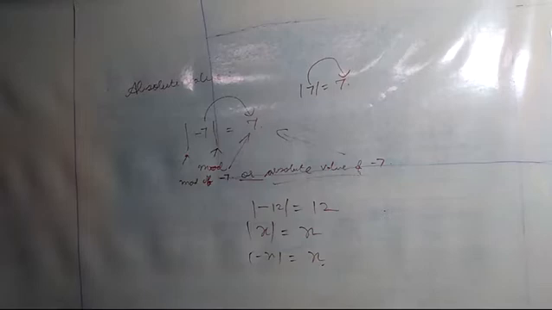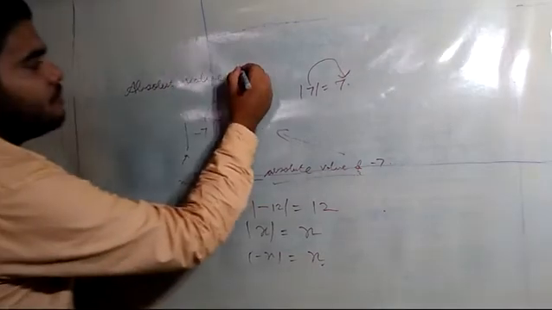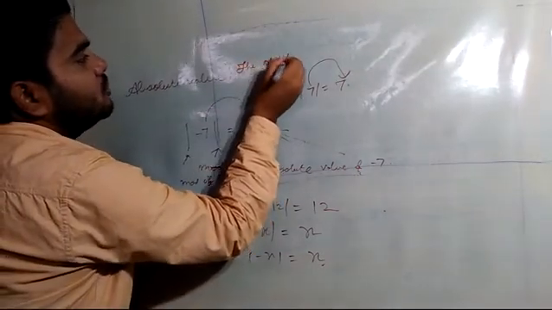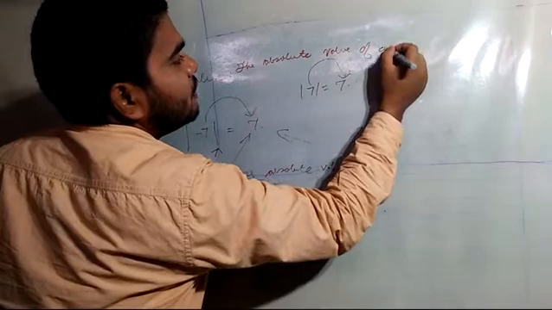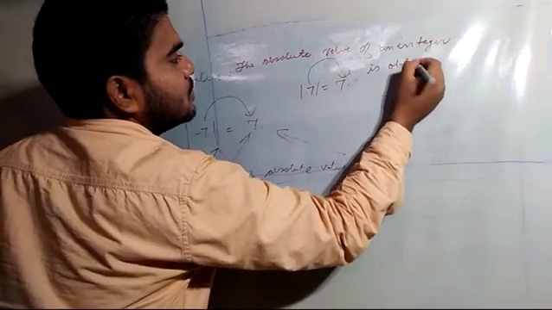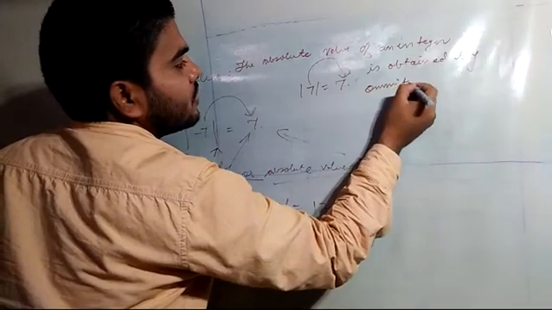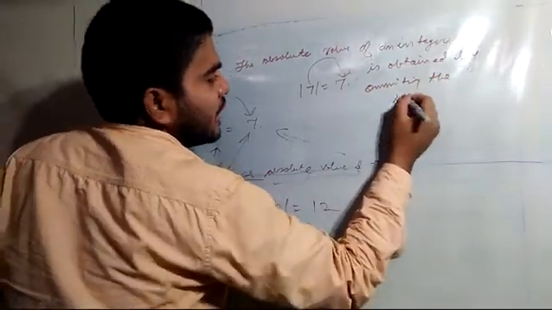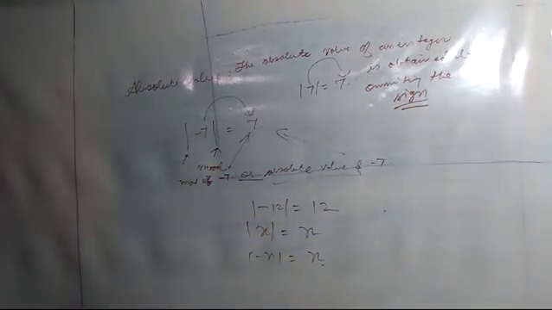Now if you want to write the definition: the absolute value of an integer is the number obtained by omitting its sign. That means the absolute value of an integer is obtained by omitting the sign, whatever sign it may be, positive or negative.